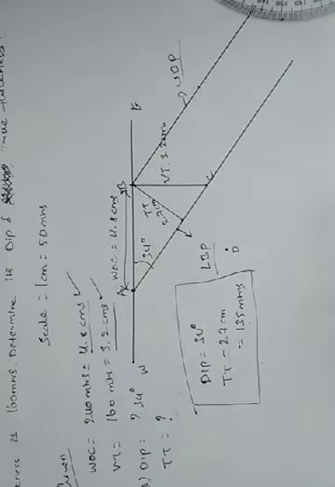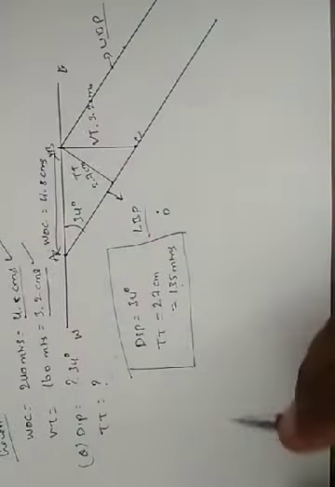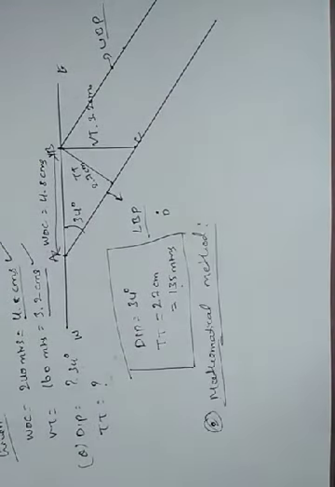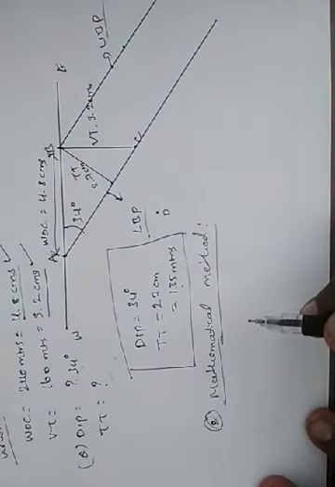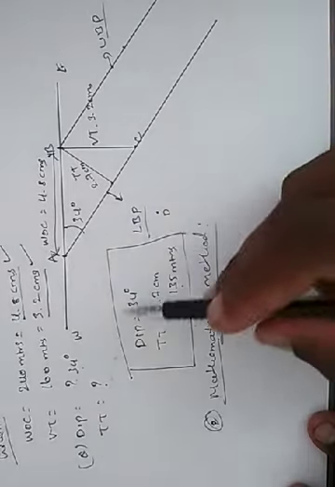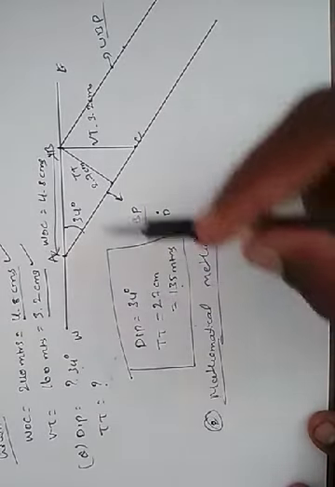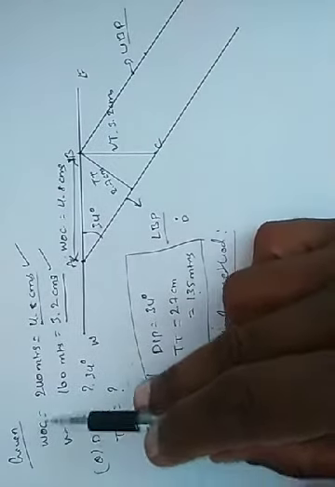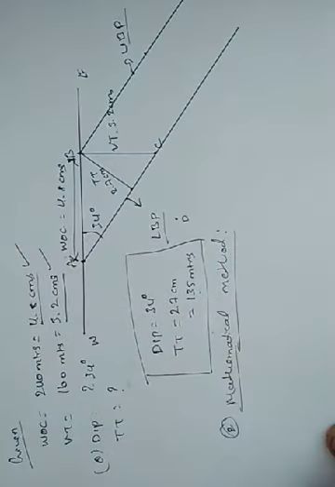Now let us do it in the mathematical method. As I said, while solving through the mathematical method, we should not use the values determined from the geometrical method. We should always use the values given in the problem. So here VT is given.